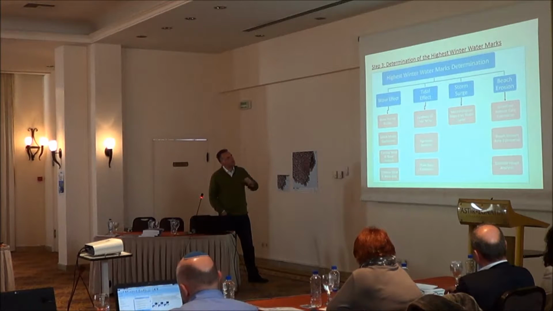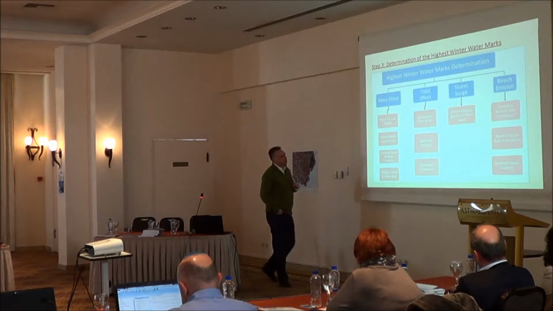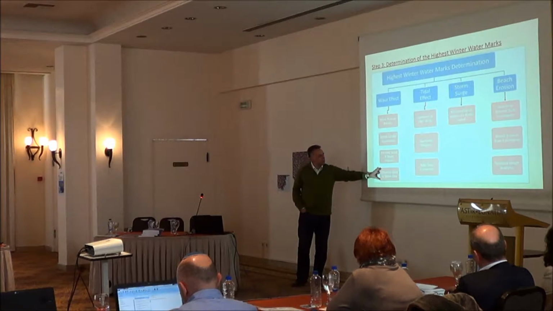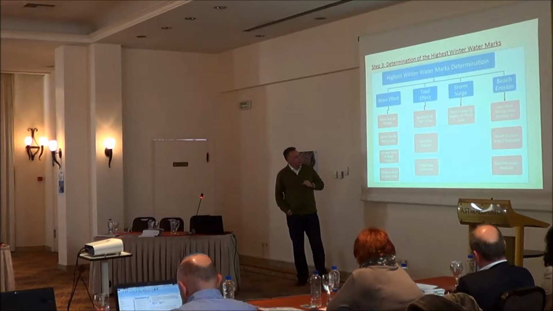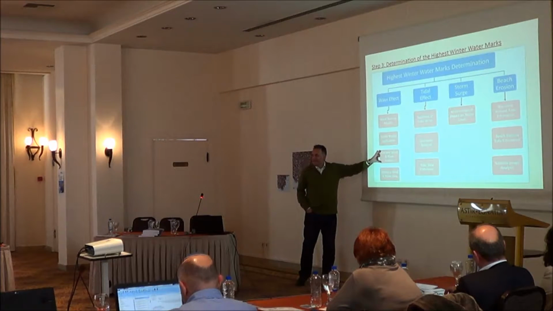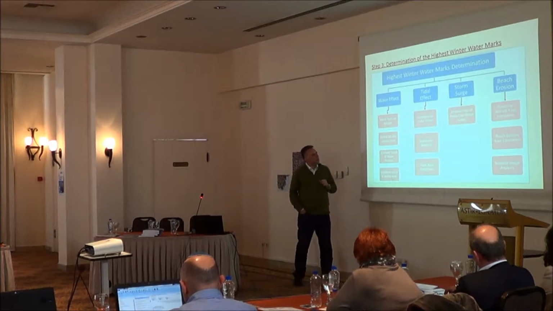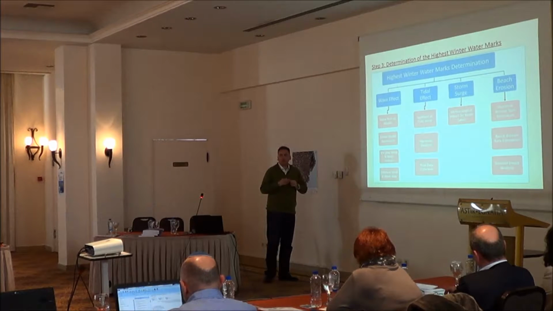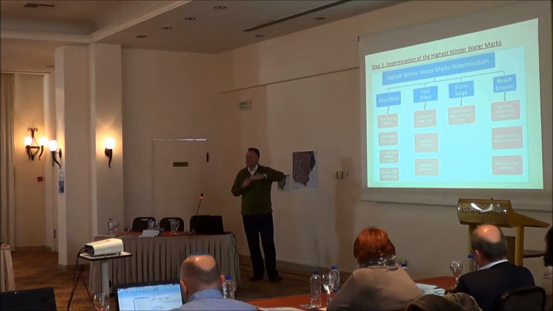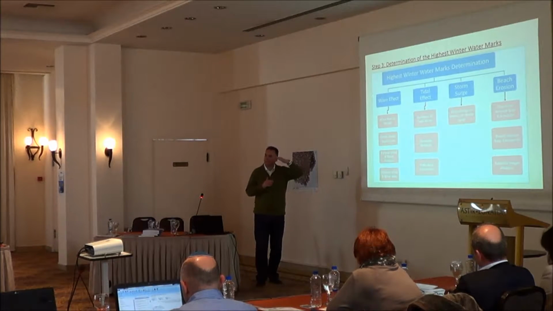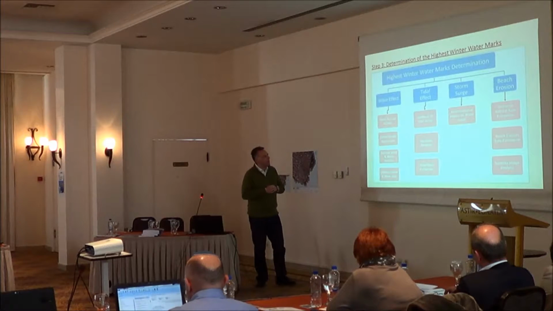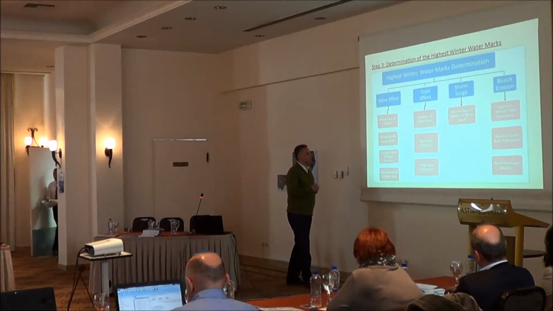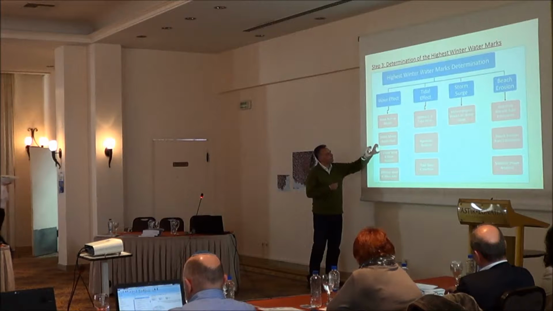So, what is the wave effect? How can we see the wave effect? We start by examining the offshore wind and wave data. This is what we did in our analysis. We derived an extreme wind and wave analysis in order to see what sort of extreme wind and wave events might happen in the offshore open sea.